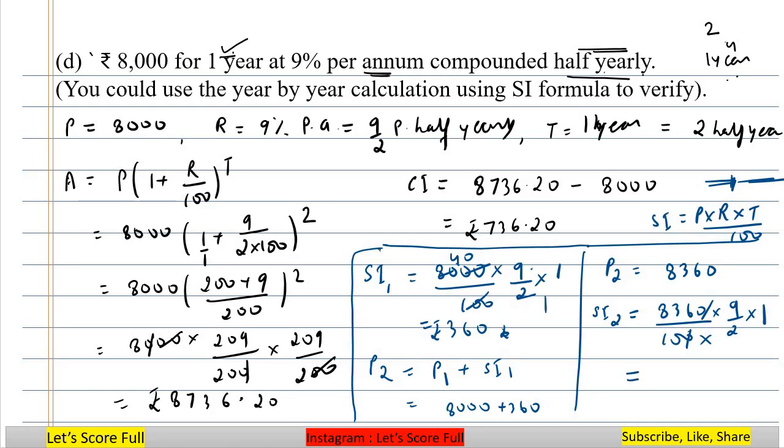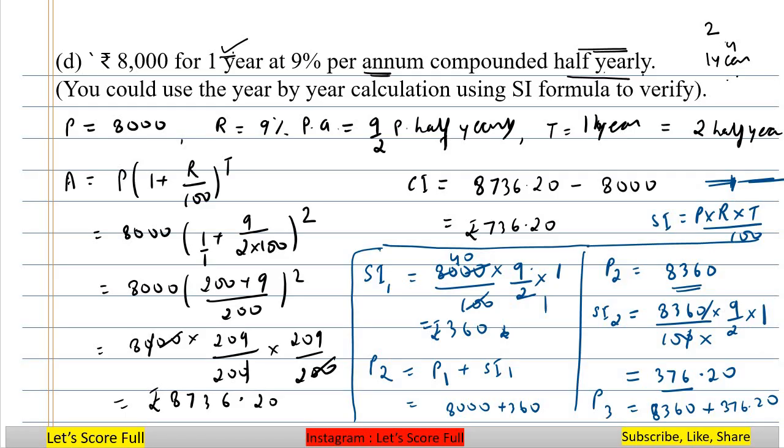1010. When you do the calculation, you will get 376.20. Now if you calculate the total amount paid at the end of 1 year, that is P3, or you can say the principal after 2 half years, this principal P2, that is 8360 plus this amount, that is SI2, 736.20.